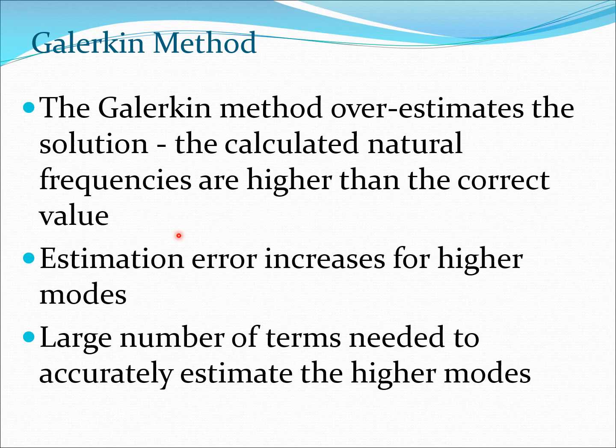If you use a simple one-term solution, you will have a much higher prediction. And also, the divergence you get from the exact solution increases for the higher modes, and a large number of terms are needed to get a good estimate for the higher modes.